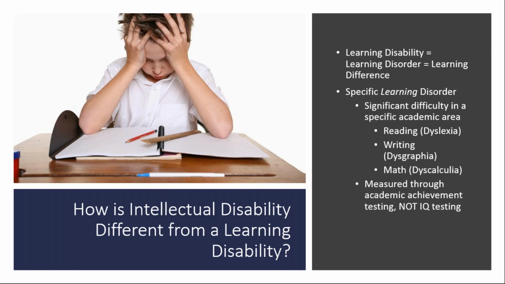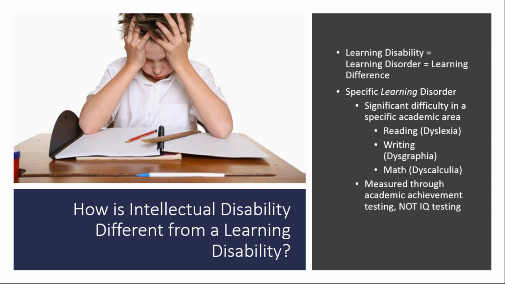And of course, as we've discussed, an individual with an intellectual disability may have difficulty with reading, writing, or math, but we have to ask ourselves, is it better explained by overall cognitive functioning, overall IQ level, for example, that adaptive functioning being delayed? Or is it better explained by, no, this is actually just a discrete, specific difficulty with reading, for example, writing, or math?